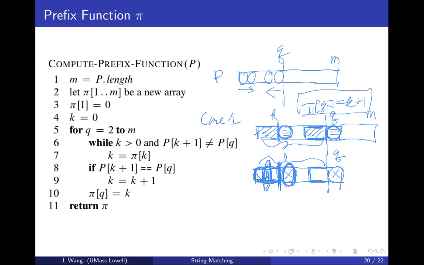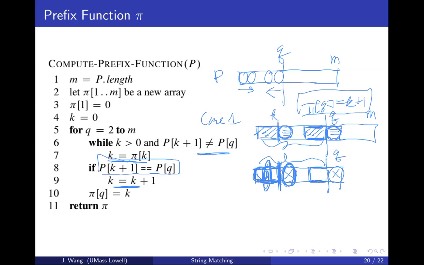So if it's not equal, I keep shrinking this k until it's equal. Then, since this is the same, I increase the k. That is how we compute this prefix.